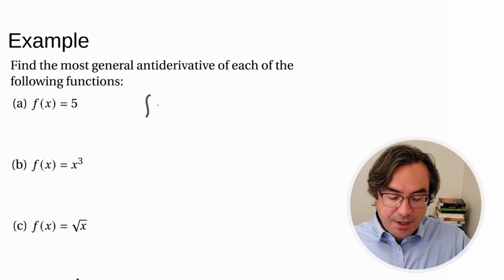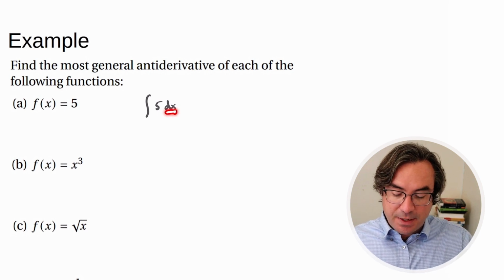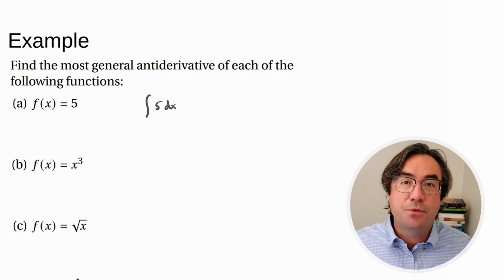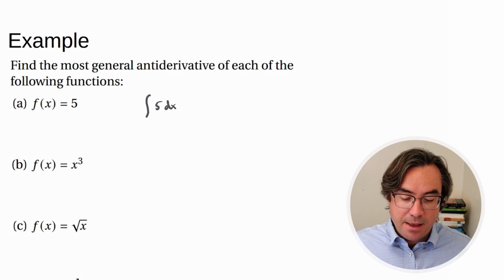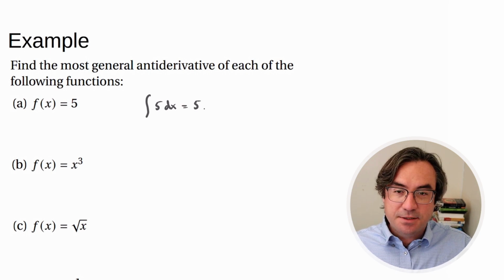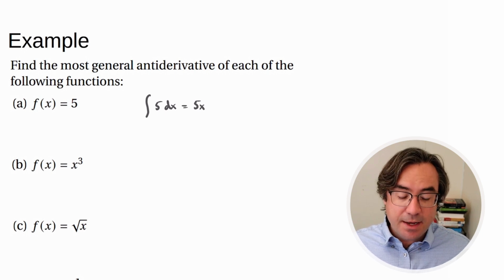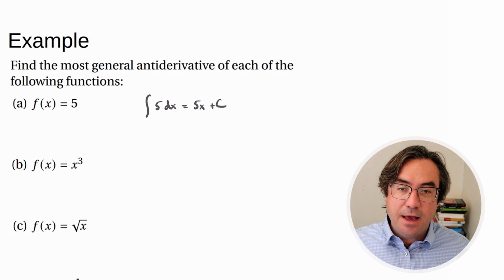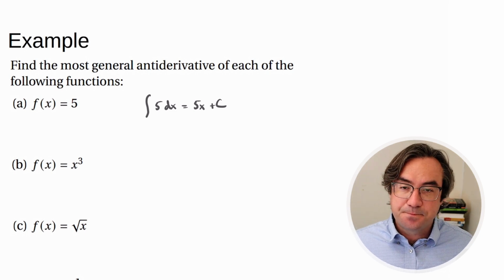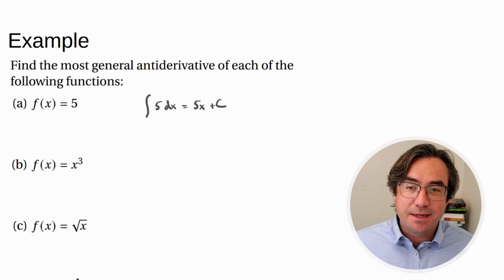So we're going to integrate the function 5 with respect to x. And we know with respect to x because that's the variable for our function here. And when we do this, we keep our constant. And we know the variable is going to be x, so we multiply by x. And then we add c on. All right, so that's integrating a constant.